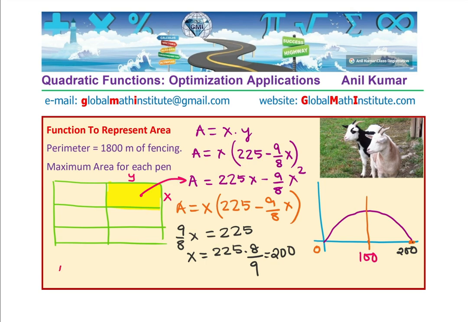So we have the axis at x equals 0 plus 200 divided by 2, which is indeed 100. So at 100, we get the value of x. One of the dimensions of this particular thing is 100, right? The other one is y. And you know y is 225 minus 9 over 8x. Perfect. So let's rewrite.